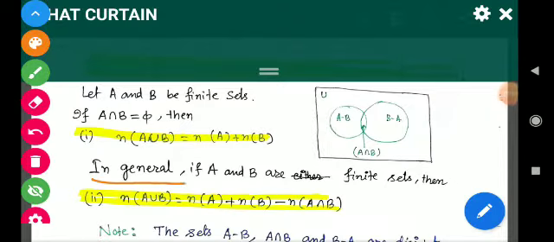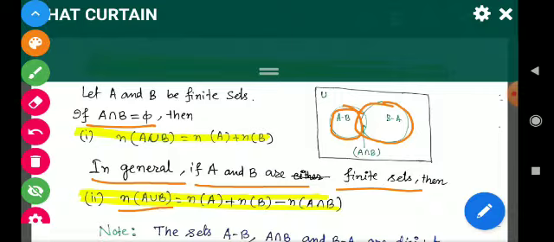In general, if A and B are finite sets, that means we don't know whether they have no common element, or there may be common elements between sets A and B. So we want to find out the number of elements in A union B. If these two sets A and B have some common part, then this common part contains the elements of A and also the elements of B. So that means this intersection part, A intersection B, is taken two times.